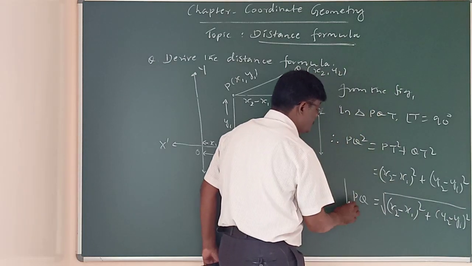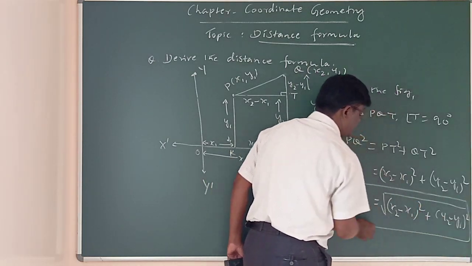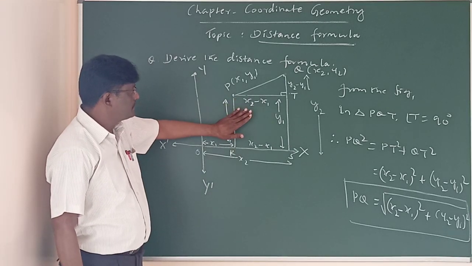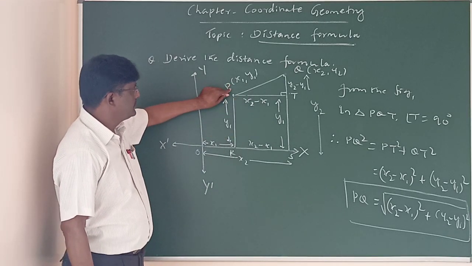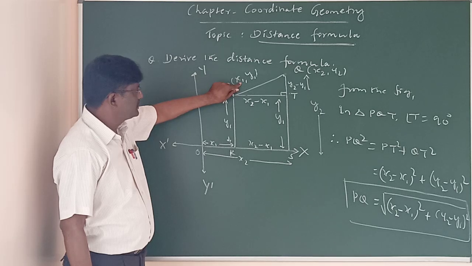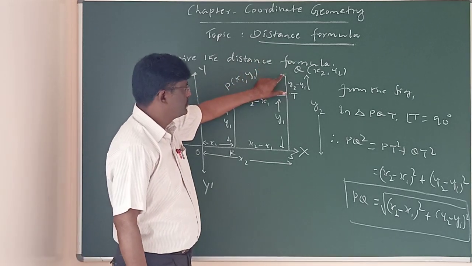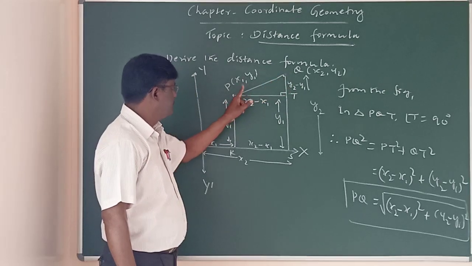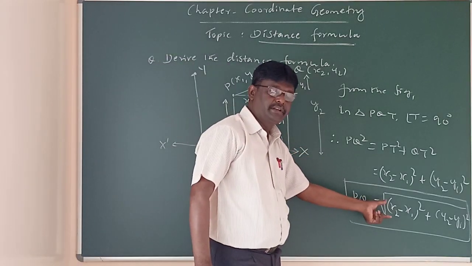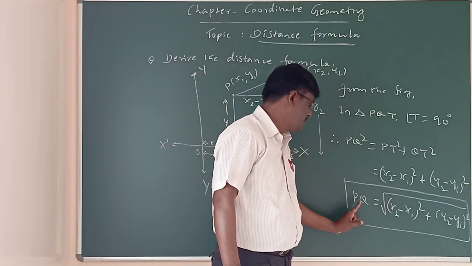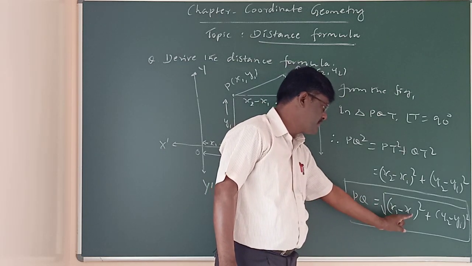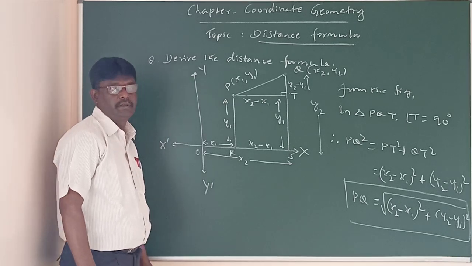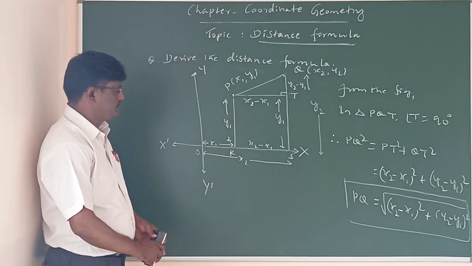So, to find the distance between any two given points in a Cartesian plane, say P whose coordinates are (x1, y1) and Q whose coordinates are (x2, y2), the distance PQ equals the square root of (x2 minus x1) whole square plus (y2 minus y1) whole square. I hope you have understood.